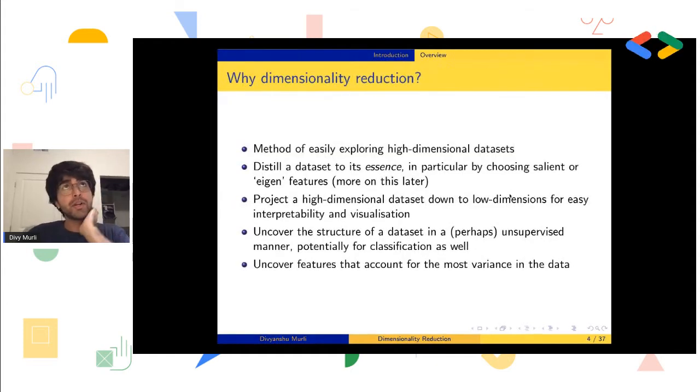So as I said earlier, we'll motivate why we care, and the biggest reason for caring about dimensionality reduction is to explore high dimensional data sets. It can be very difficult to understand the underlying structure of a data set, especially if it's high dimensional. And by high dimensional, I mean it has a large number of features.